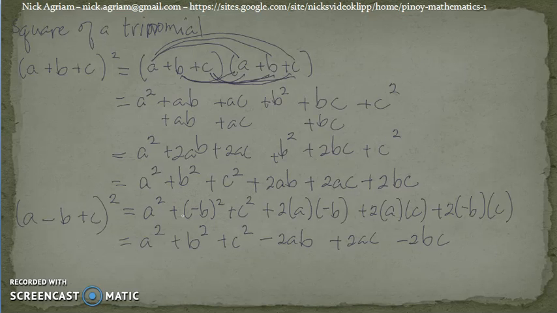It follows the same pattern as the first one that I discussed, and it doesn't matter what your first term, second term, or third term is. Just follow this, and consider all the negative symbols. Then it will give you the correct answer.